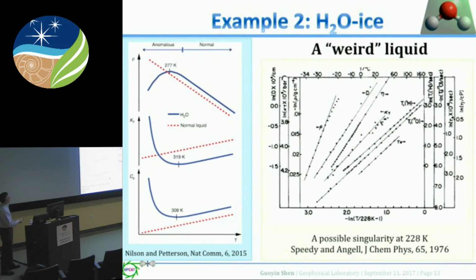They all seem to point to one point if you plot against this, and people have proposed that there could be singularities around the 228 or 220 Kelvin range. So it is a very unusual liquid.